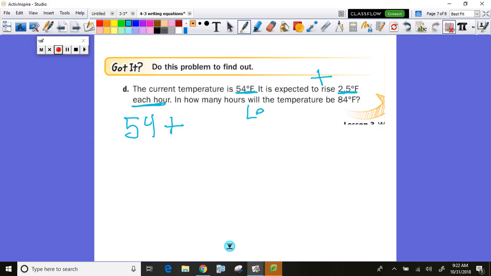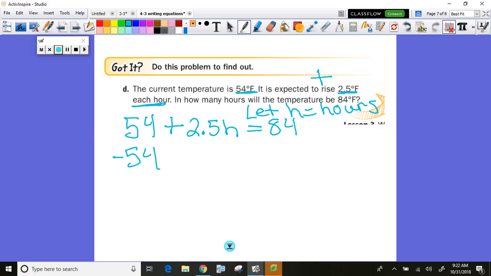So I'm going to let h equal hours, and then it goes up 2.5 degrees each hour. So that means I'm going to multiply 2.5 times h. And I want to find out when it is 84. So now I solve. I subtract 54. I get 2.5h equals 30.